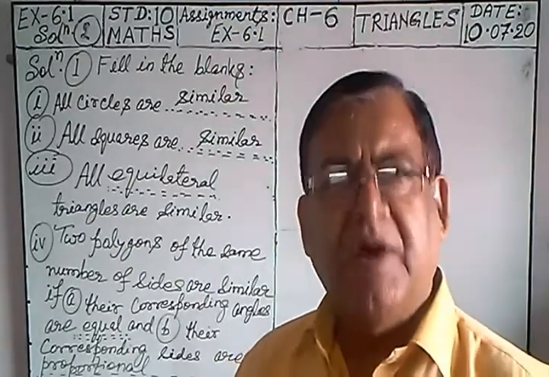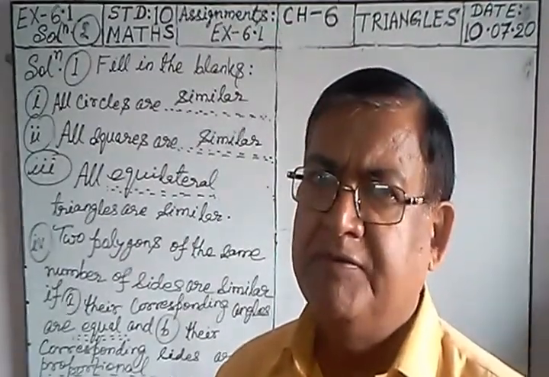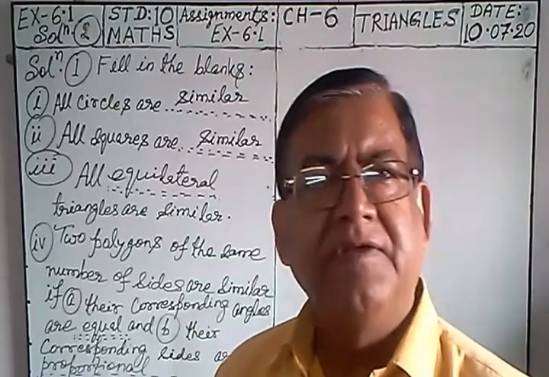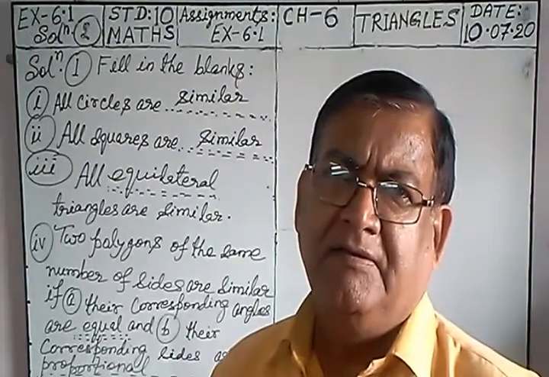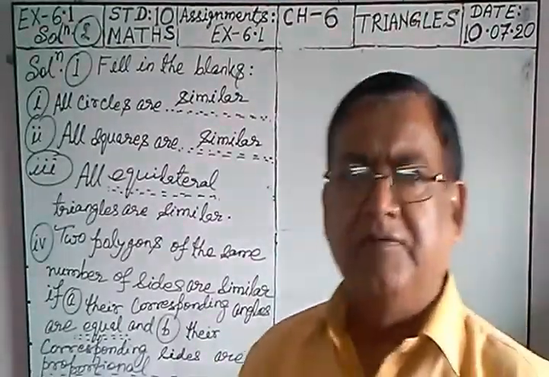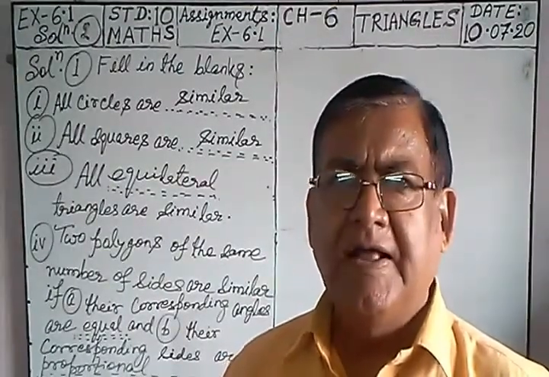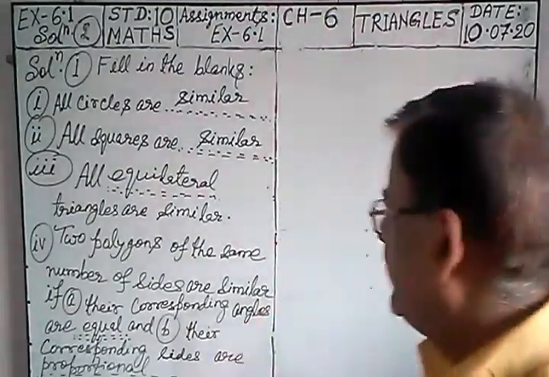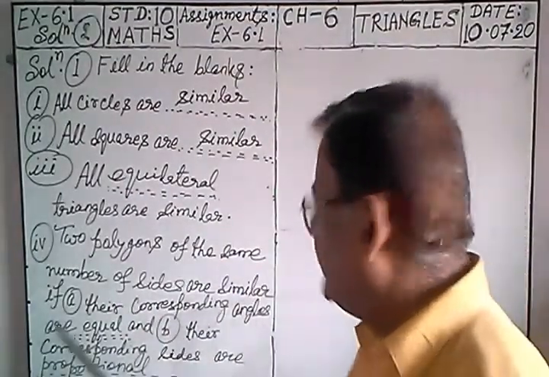Like two quadrilaterals having 4 sides each, or pentagons, hexagons, heptagons, octagons. So two polygons of the same number of sides are similar.